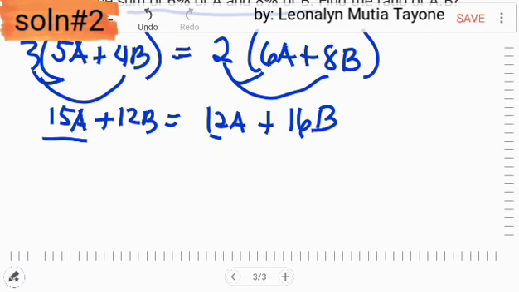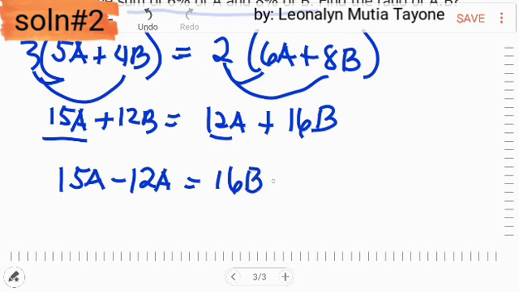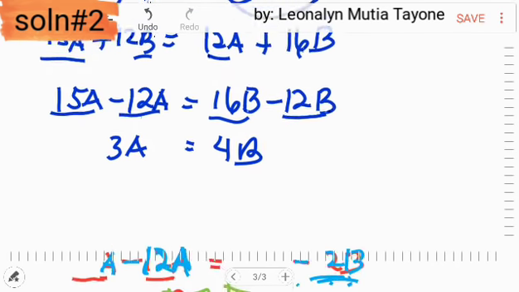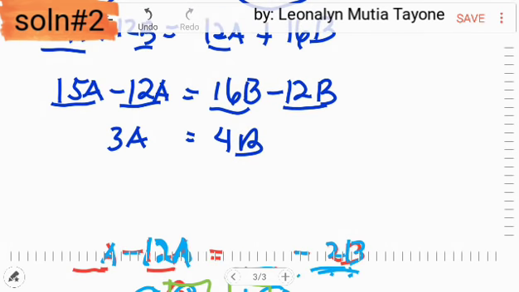Next, combine the like terms. This is 15A minus 12A, because we need to subtract now. 16B minus 12B. Next, 15A minus 12A, that is 3A. 16B minus 12B, that is 4B. Combine these variables here.